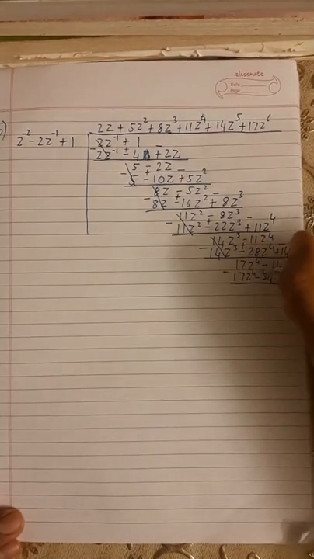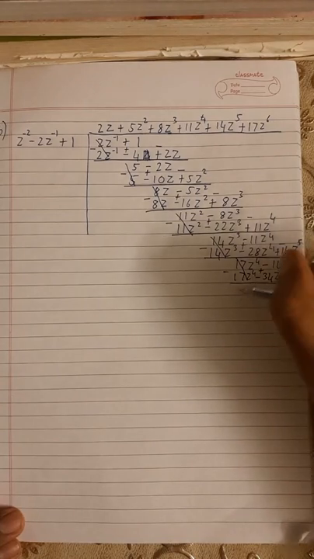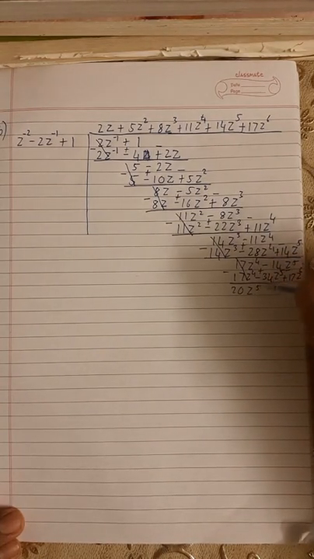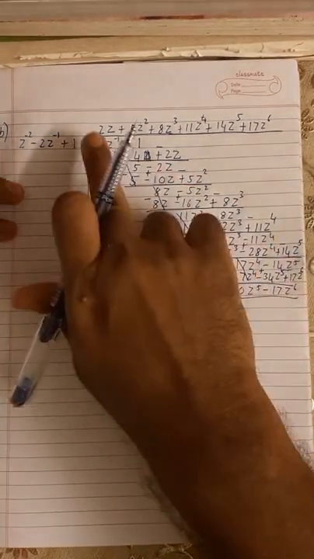Minus, plus, minus, this will get cancelled. 34 minus 14 is 20, right? So 20z raised to 5 minus 17z raised to 6, and we'll stop till here.